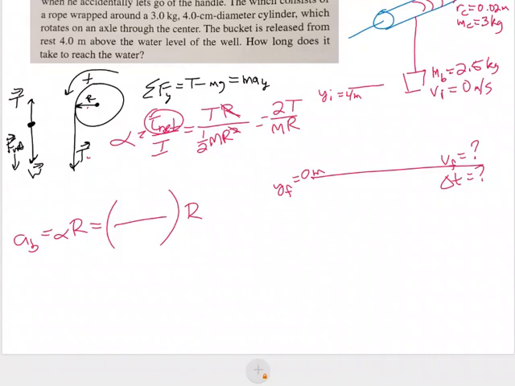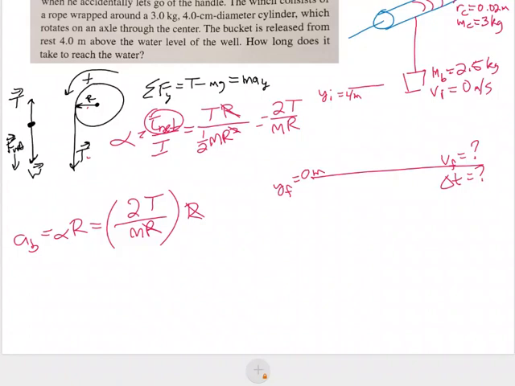So now I can take the 2T over MR, times the r. Well, the r is going to disappear now.